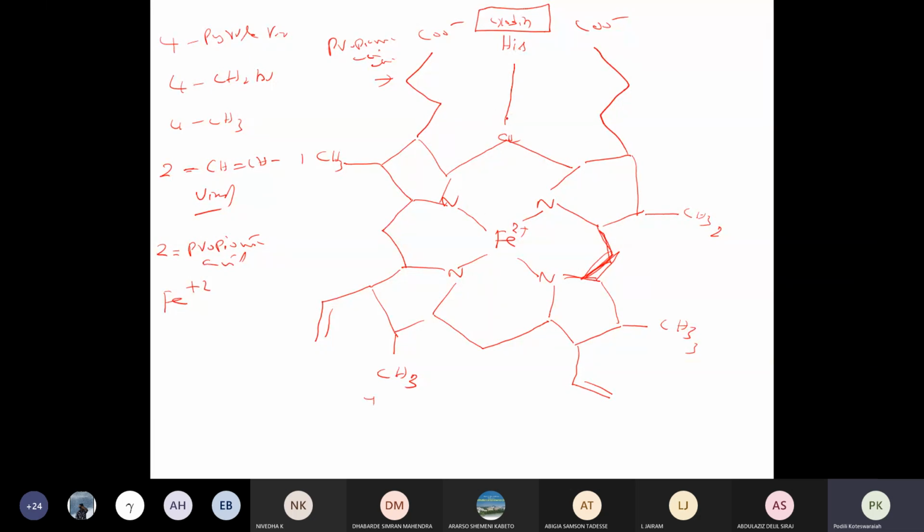So this is the 5th coordination site, and this is the 6th coordination site. This is meant for O2 binding.